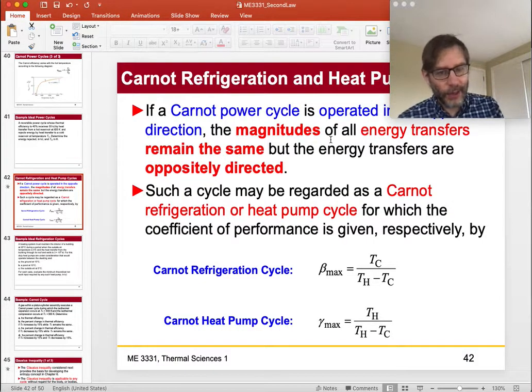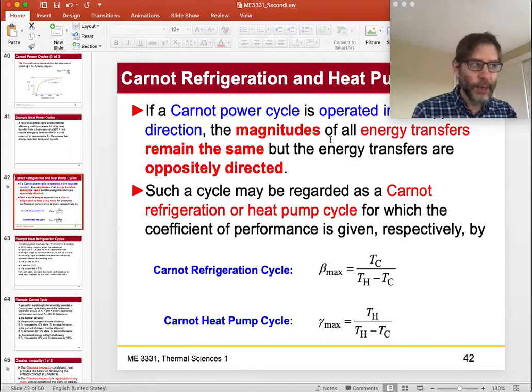So this is the case of a refrigeration cycle. Such a cycle may be regarded as a Carnot refrigeration or heat pump cycle, for which the maximum coefficient of performance is given by beta max equals Tc over Th minus Tc, or for the Carnot heat pump, Th over Th minus Tc. Notice that all we did was replace the Q's with the T's.